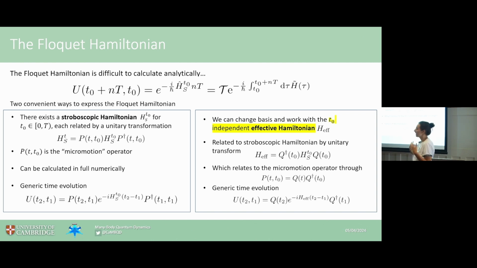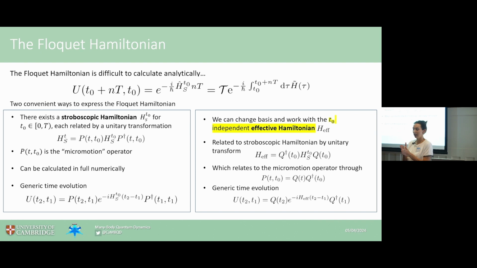However, we can calculate them numerically just by taking some basis states and evolving them under the full time-dependent Hamiltonian and then constructing the time evolution operator and then using that to see what our engineered phase and therefore our new stroboscopic Hamiltonian is. However, these stroboscopic Hamiltonians are T0 dependent.